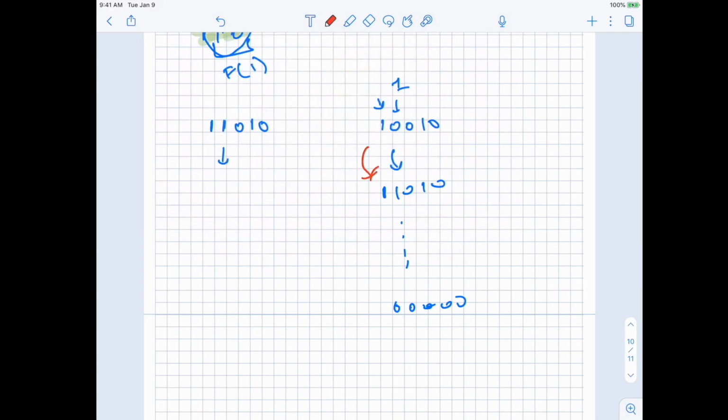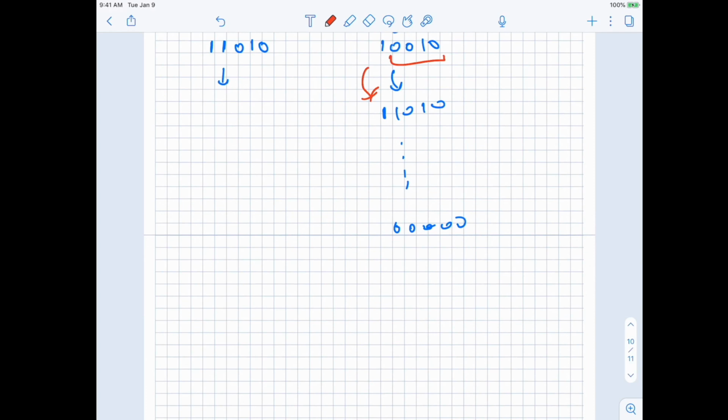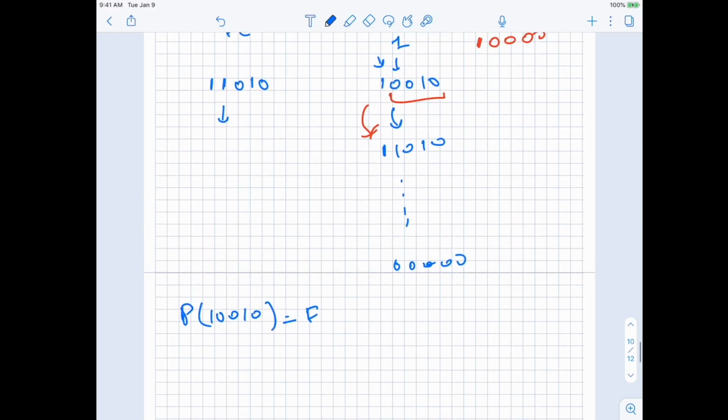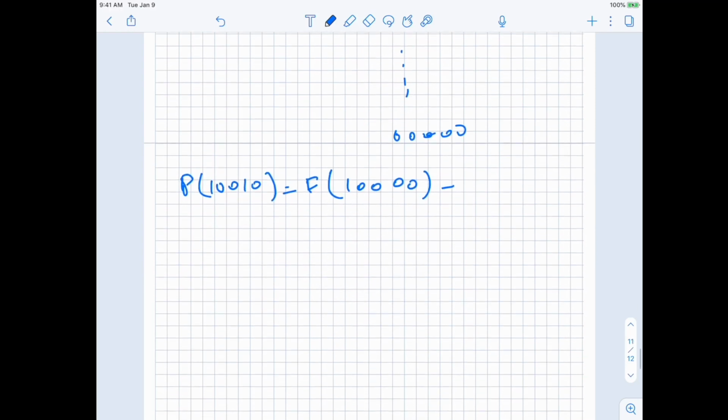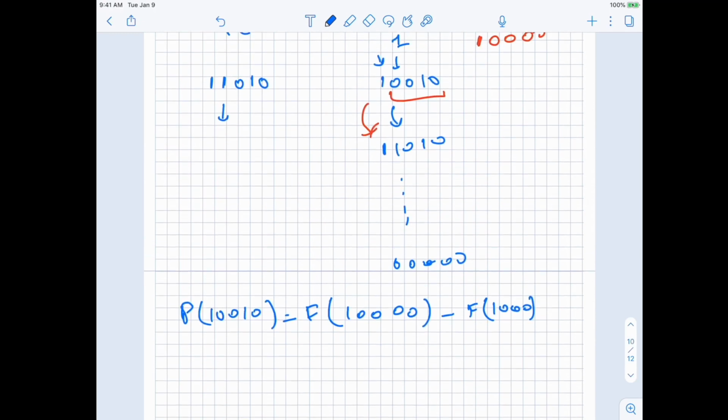So we need to subtract this operation because we already have this. So how do we subtract it? Well, basically the number of operations it takes for 1 0 0 1 0 is just the f of the entire thing, so 1 0 0 0 0, minus f of the smaller one to get the 1 here, so 1 0 0 0. But then what about this 1 0?